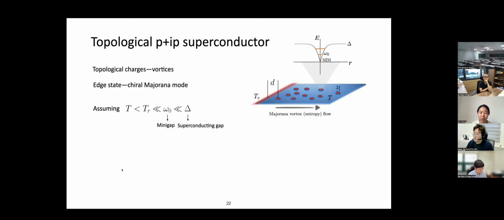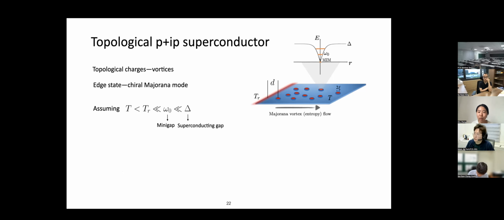To think about vortex injection, let's assume that the bulk temperature is very low, and the edge is slightly heated up with T_R, and both temperatures are much smaller than the mini gap of the Majorana zero modes at the vortex cores.